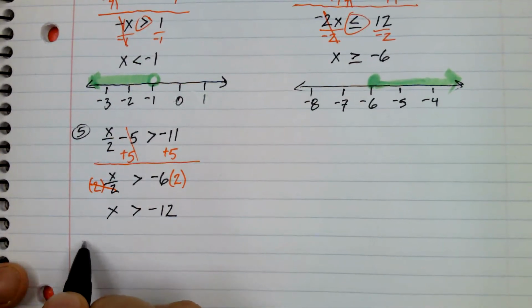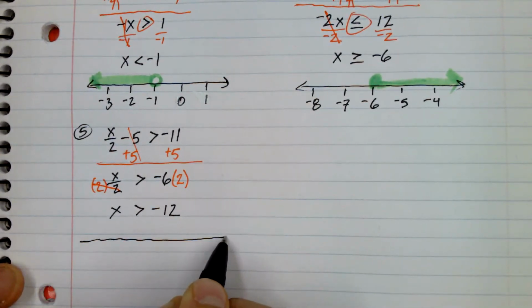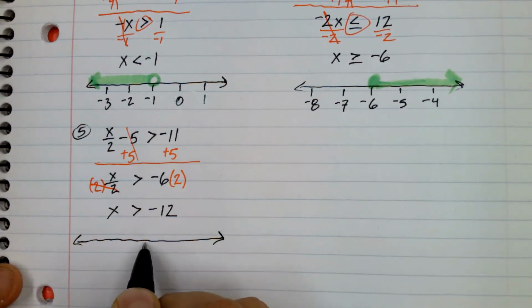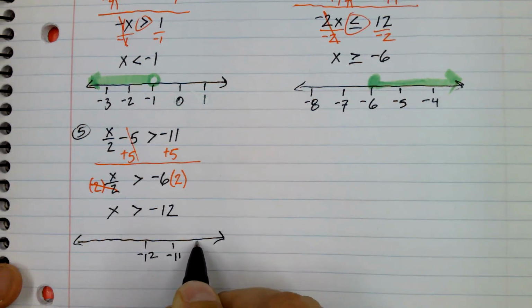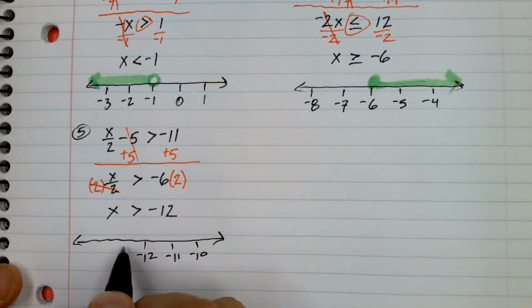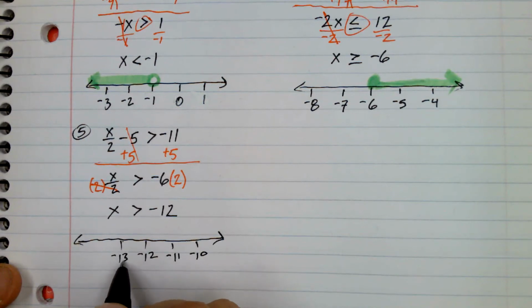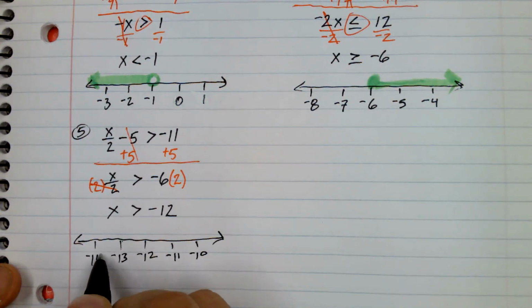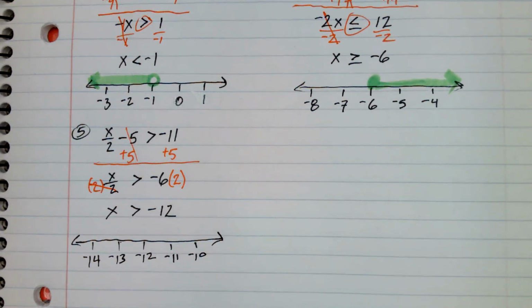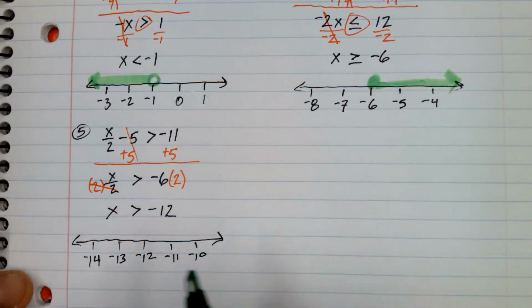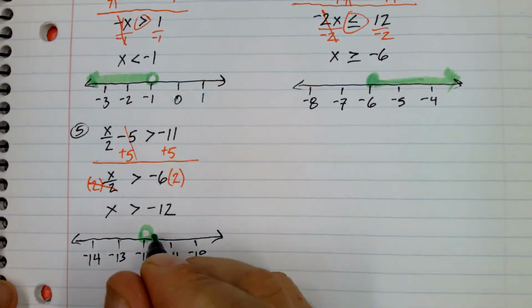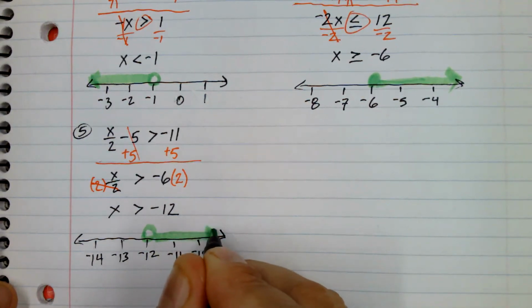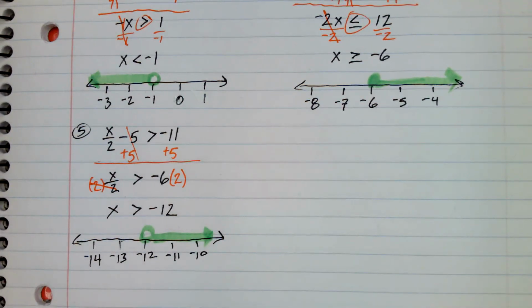Okay, so let's see what we want. This time we don't have an equal to part, so it's an open point. And we want all numbers greater than that, like so.